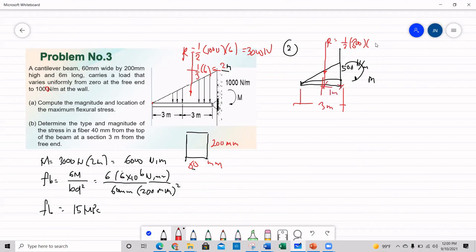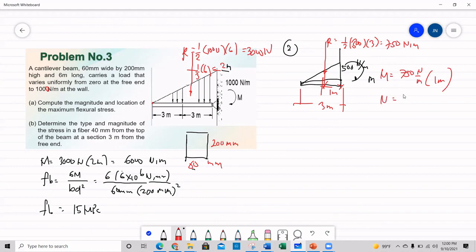So this becomes 250 times 3, which is 750 Newton. Our moment here is equal to 750 Newton times 1 meter, because this is the moment arm of 1 meter.